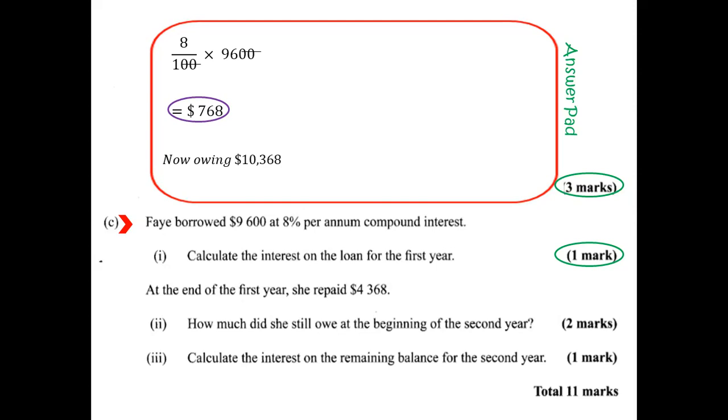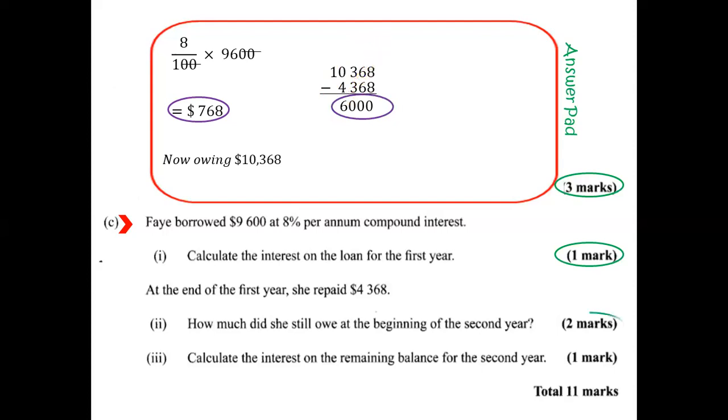So that's a total of $10,368. How much did she still owe at the beginning of the second year? Now, she paid 4,368. So how much is still owing? After we subtract those, she's still owing $6,000.